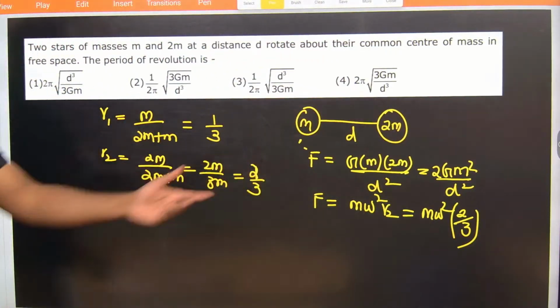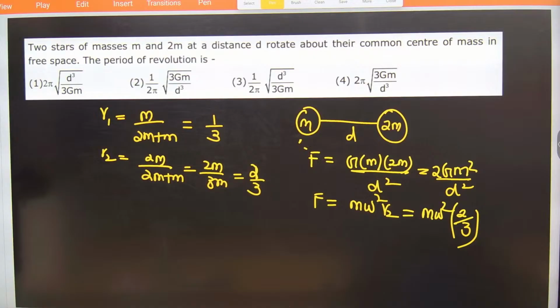So equate both equations and get the answer. That's the thing. Got it now? We'll go for the next question.